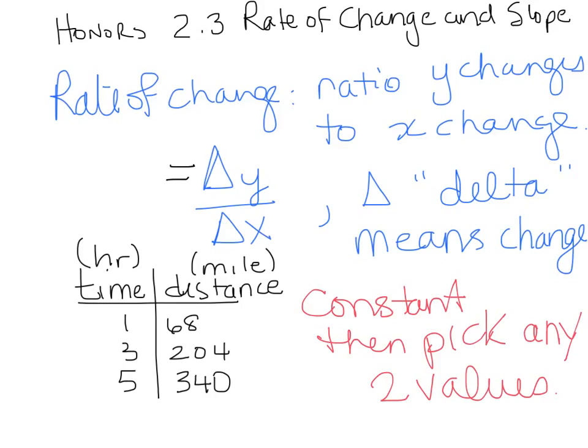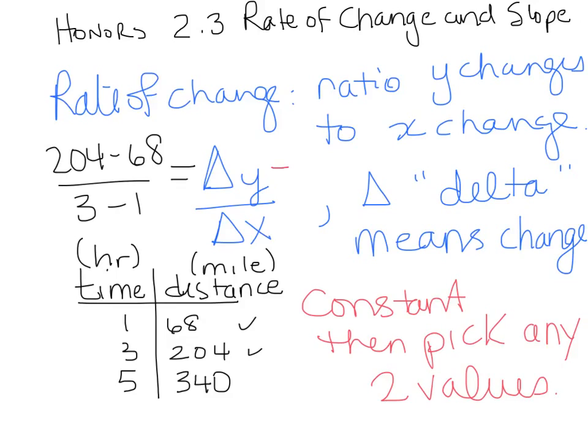is equal to y changes from, let's see, 204 minus 68. I'm picking these first 2 points, and the x changes from 1 to 3. So if you work all that out, I'm getting 136 over 2, which gives me 68.